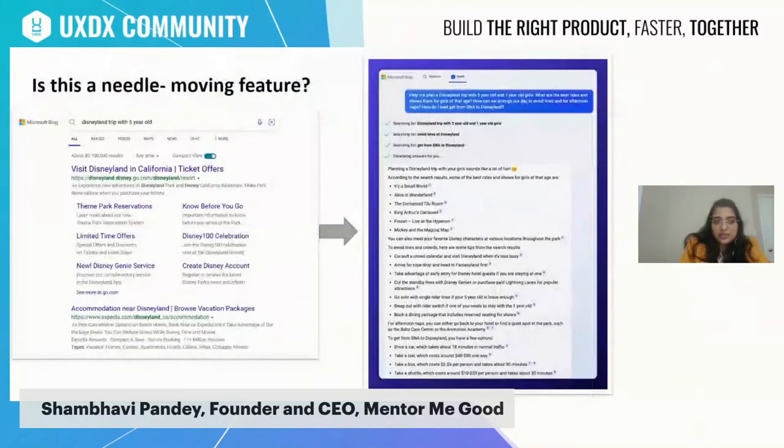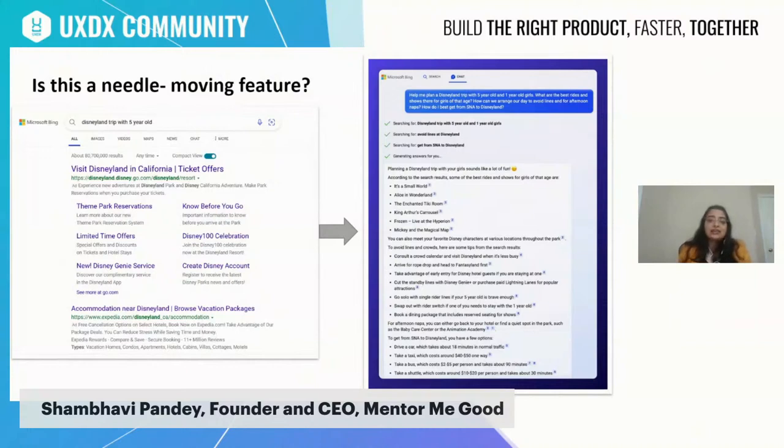Starting with the first one, this is Microsoft Bing. Here the use case is that the user wants to plan a Disneyland trip with a 5-year-old. On the left-hand side, you're looking at an old experience where someone would go to Microsoft Bing and just search for a Disneyland trip with a 5-year-old, hoping to get a ton of blogs and personal experiences from people to see how they should go about it.